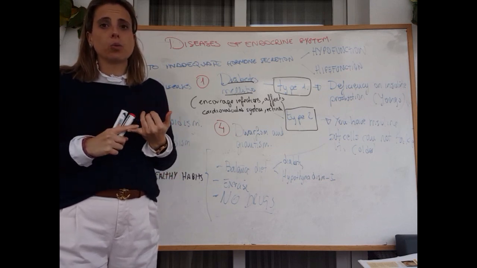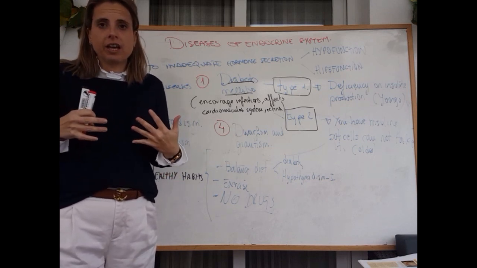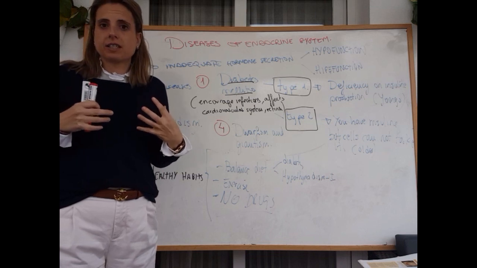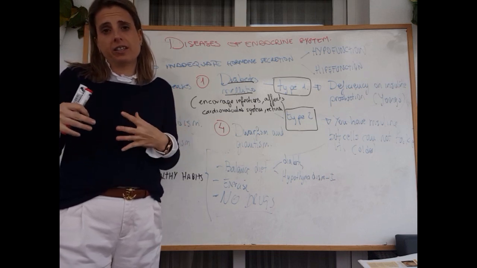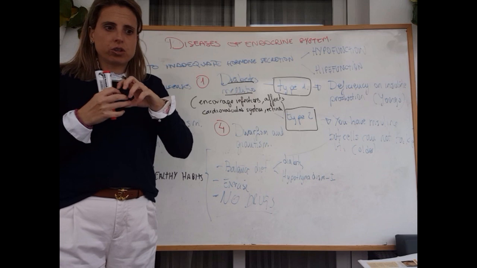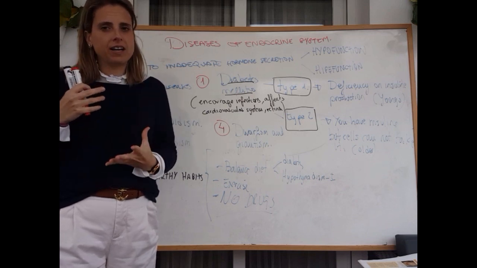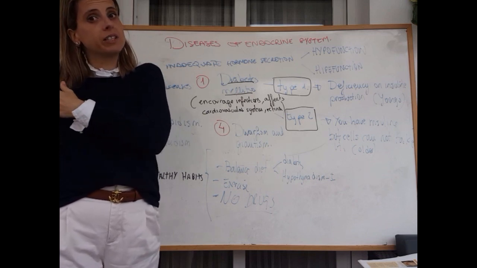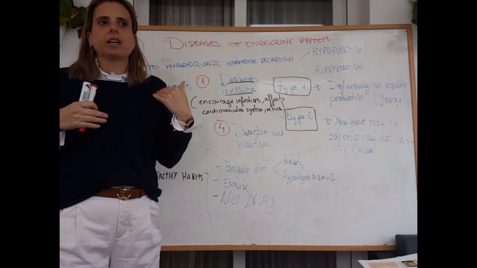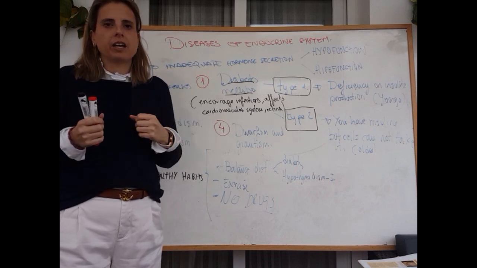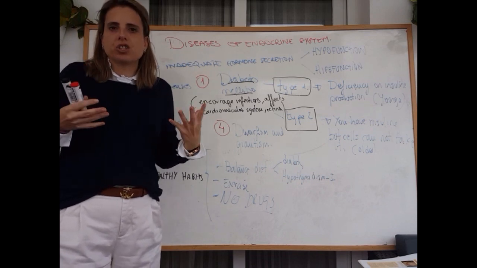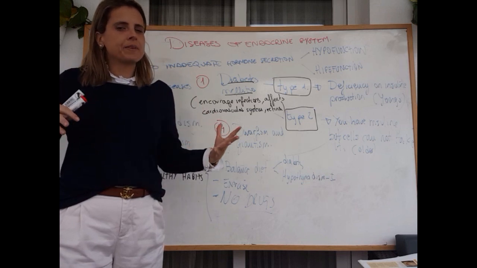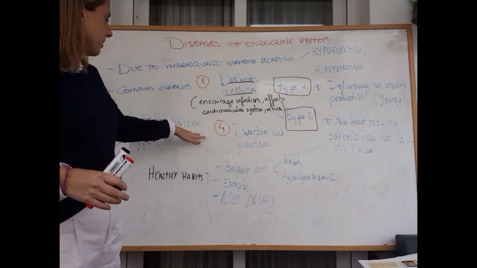So you're going to lose weight because you're using all the nutrients that are inside your body, and you're going to burn them very fast due to the catabolism. So you're getting thinner, you're more nervous, you're more anxious, you can have insomnia. So that is hyperthyroidism.